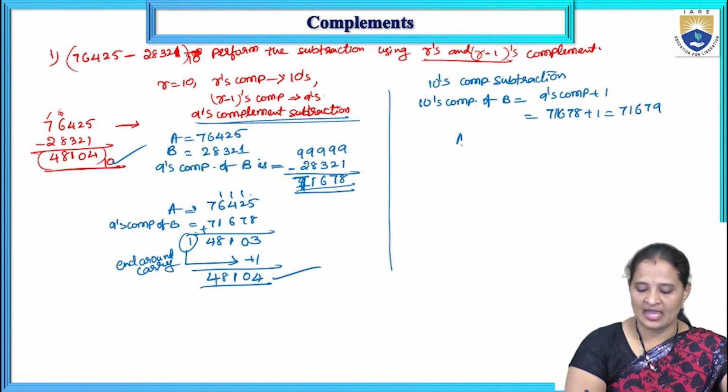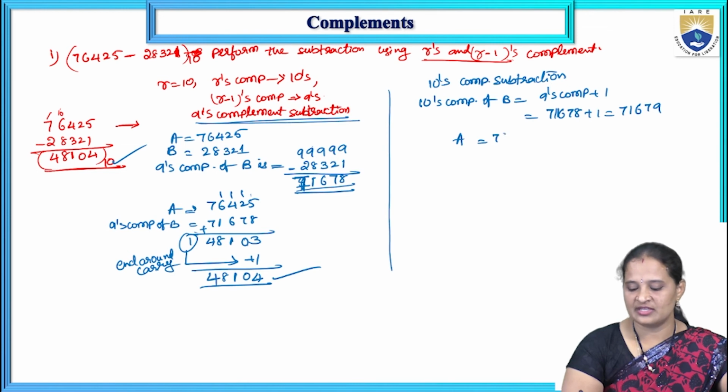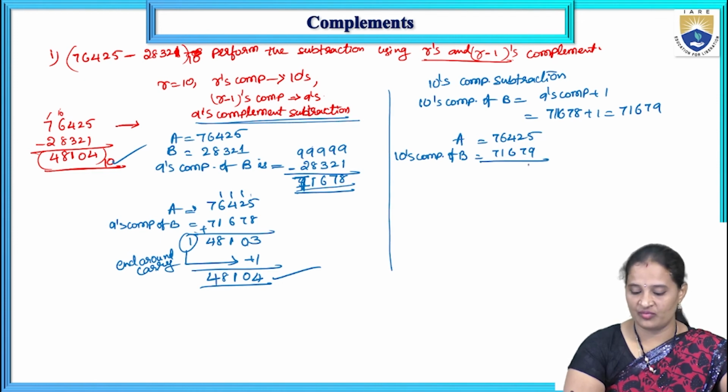Now what is the value of A? 7, 6, 4, 2, 5, and the tens complement of B is 7, 1, 6, 7, 9. So 9 plus 5 is 14 and this one is 10 again. This one is 11 again and this one is 8 and this one is 14.